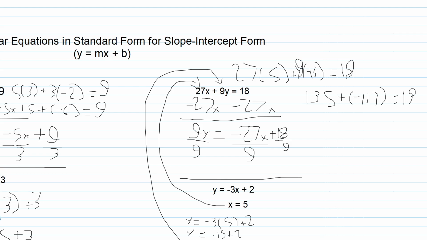Let's simplify that out. 135 plus negative 117, or 135 minus 117. We can easily do that math here. 5 minus 7, we borrow, it's 8, subtract 1 from there, 2 minus 1, 1, 1 minus 1, 0, and there we go. It is 18. 18 equals 18. We solved correctly, and we determined that by substituting the value x.